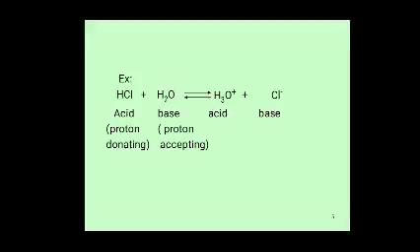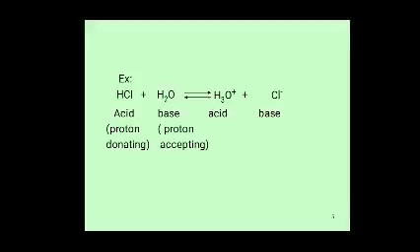In HCl plus H2O giving H3O plus and Cl minus, HCl donates a proton to the water molecule and forms Cl minus. The Cl minus acts as base. An acid donates a proton to another substance and forms a basic compound.